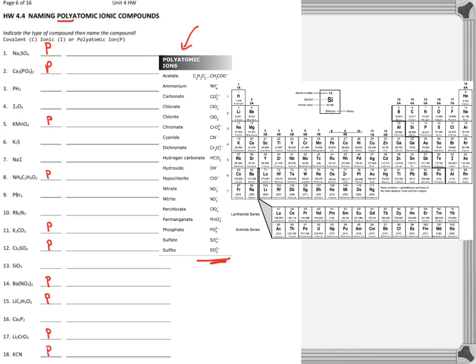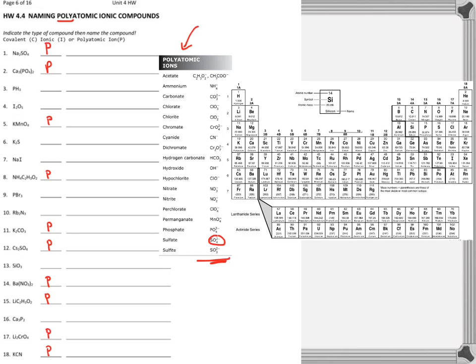When I go to Na2SO4, I have to recognize, and this is only going to come with practice, that SO4 is going to be found right over here. So here's SO4, and remember the name of your polyatomic ion does not change. The rule is if you start with the metal, and in this case we do, my metal is sodium.